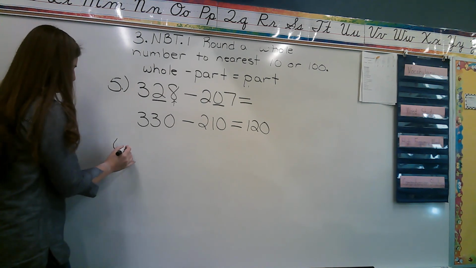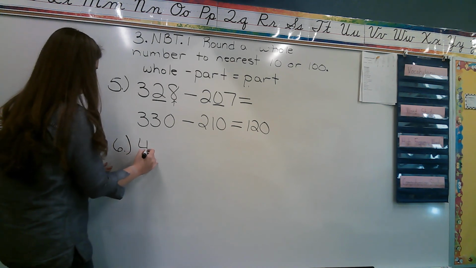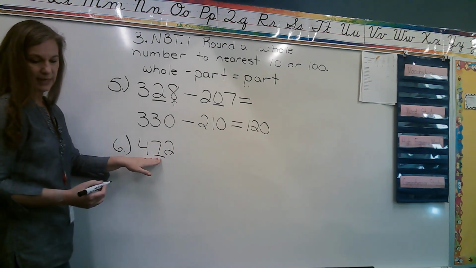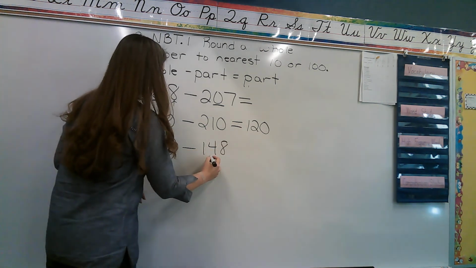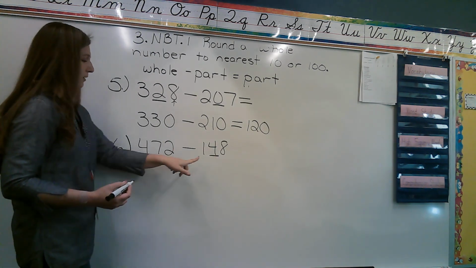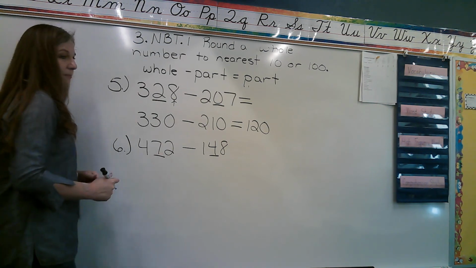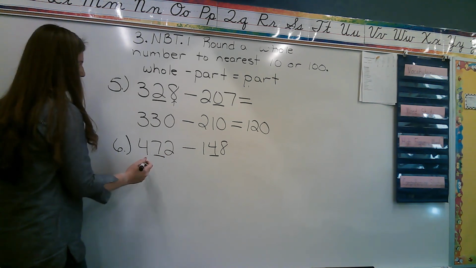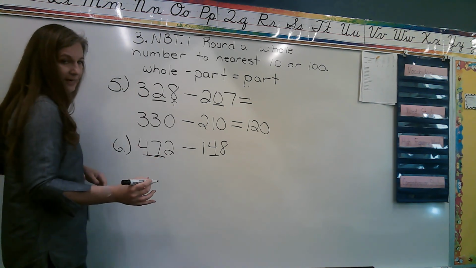Number 6, we're going to, again, look at 472, rounded to the closest 10, minus 148, rounded to the closest 10. Sometimes it's good to just remind ourselves by underlining the place value that we're rounding, just to make it solid in our understanding. So we are going to either round this to 470 or the next 10, which is 480.